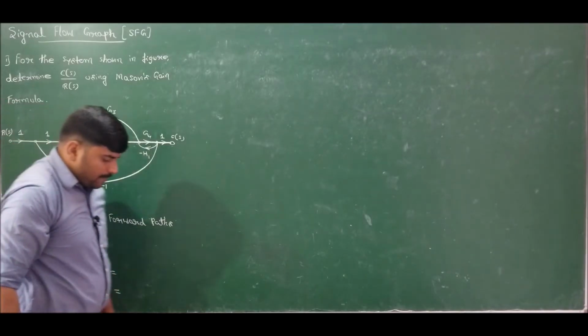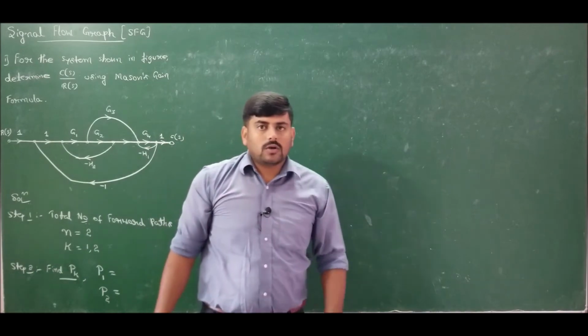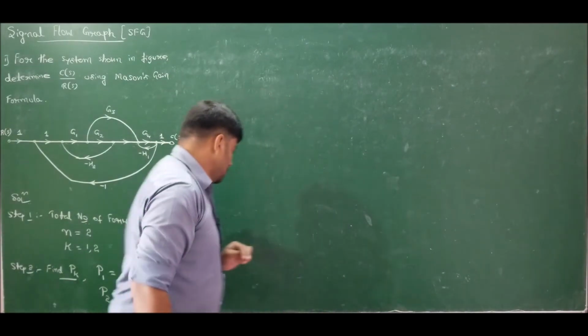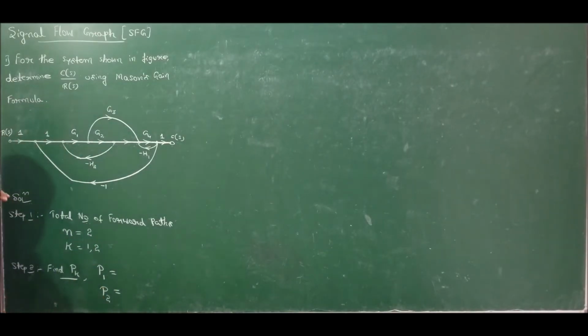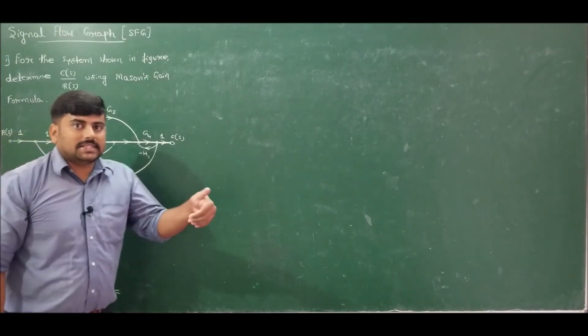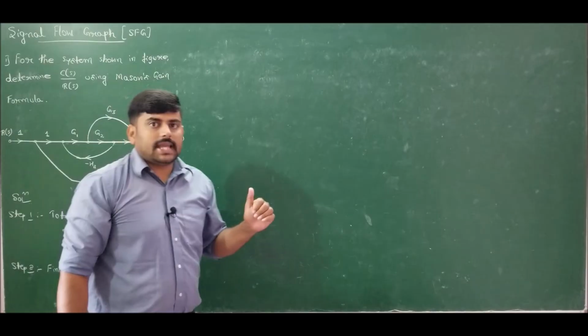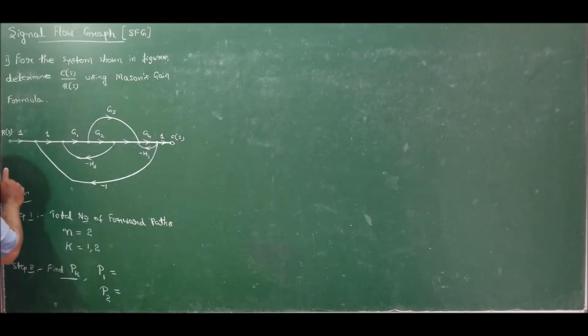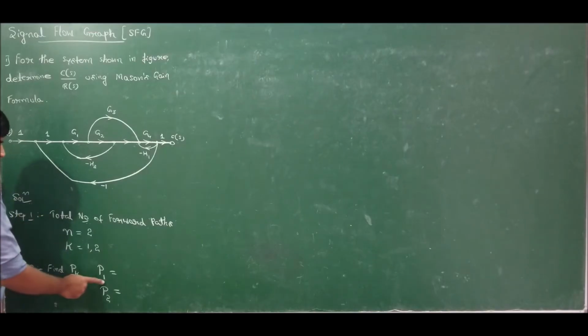Now I should determine the path gain of forward path 1 and the path gain of forward path 2. What is the path gain of forward path 1? It is nothing but the product of branch gains. What is branch gain? The gain between 2 nodes.